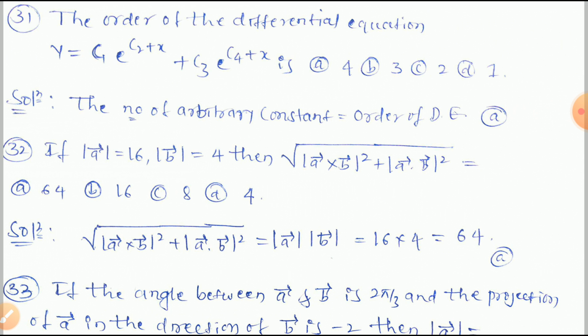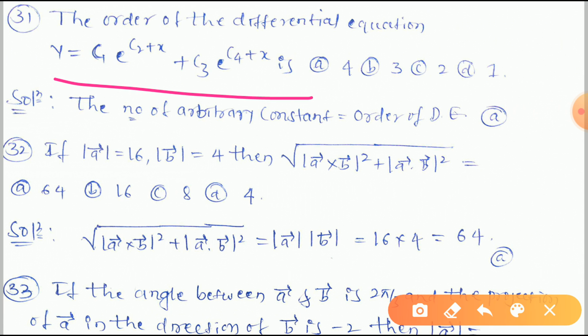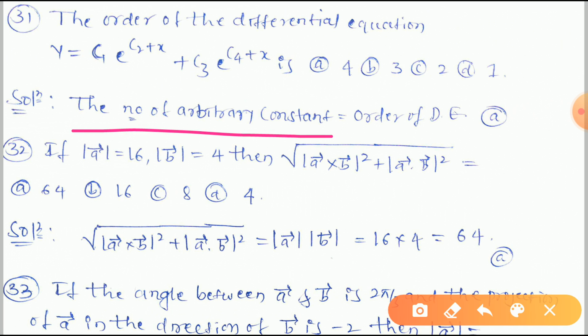The order of the differential equation y is equal to c1 into e raised to c2 plus x plus c3 into e raised to c4 plus x is, the options are 4, 3, 2, 1. We know one standard result, that is, the number of arbitrary constants is equal to the order of a differential equation.